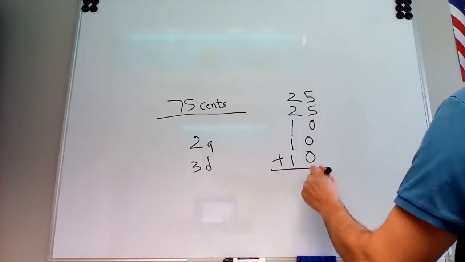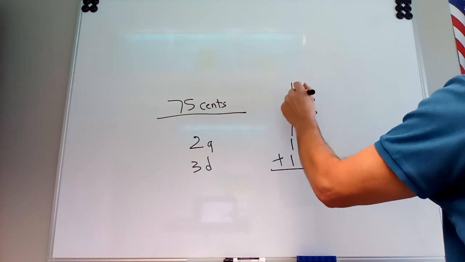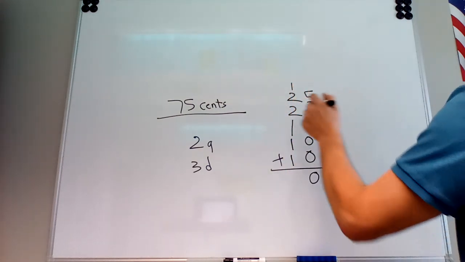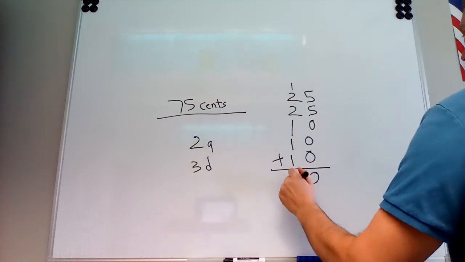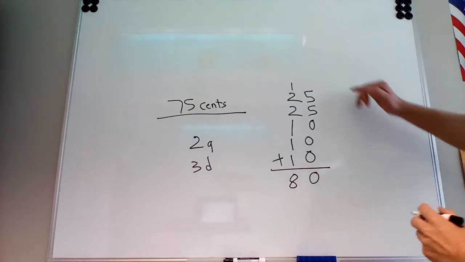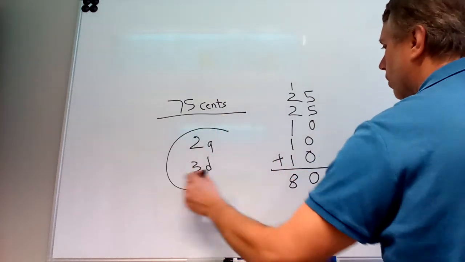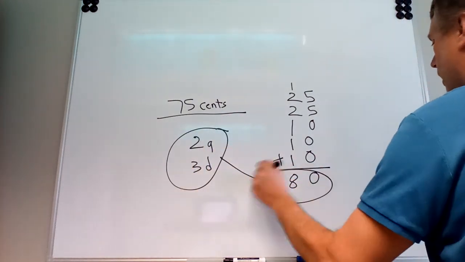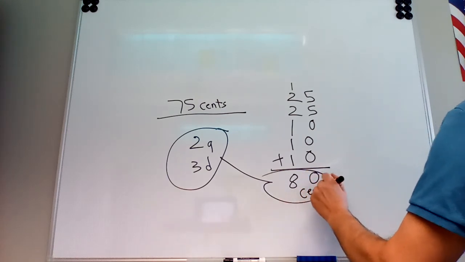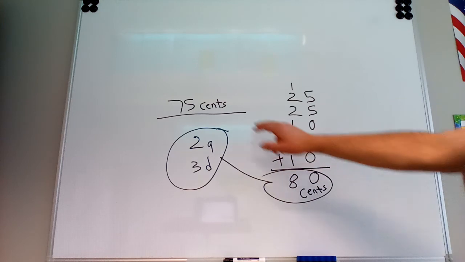We put our 0. We carry the 1. 1 plus 2 plus 2 plus 1 plus 1 plus 1. What does that equal? 4, 5, 6, 7, 8. Equals 8. So it equals 80 cents. So the amount of money that you have right here is 80 cents. So yes, you have enough money to buy that.